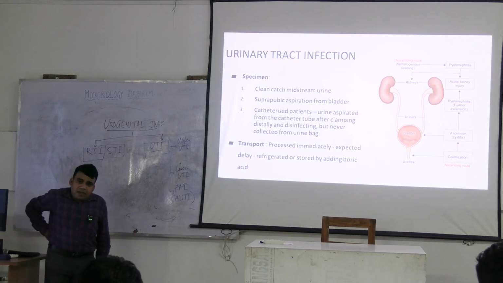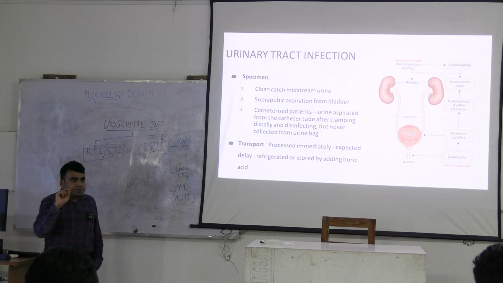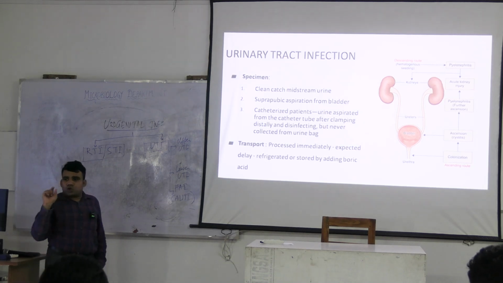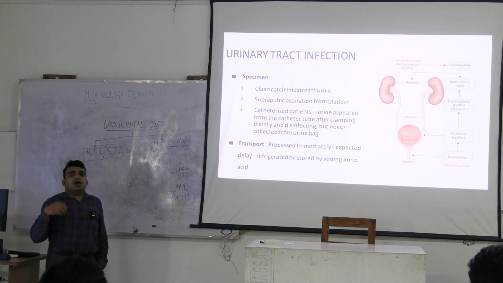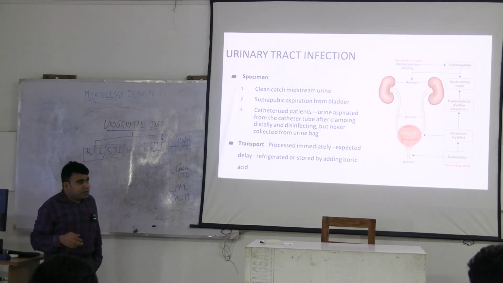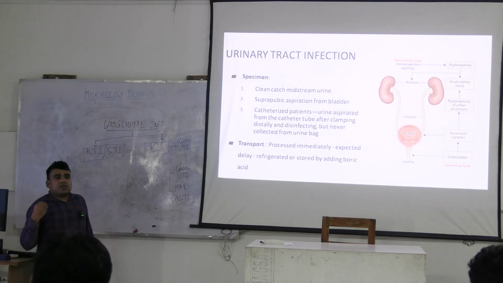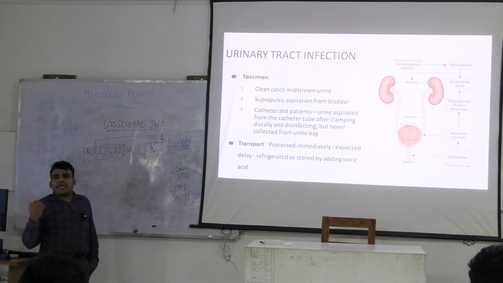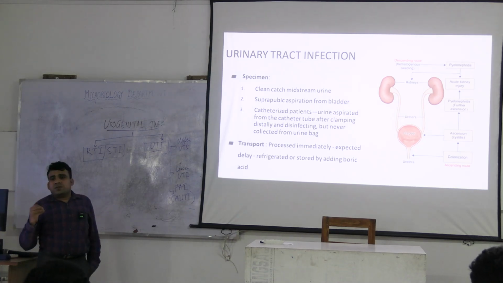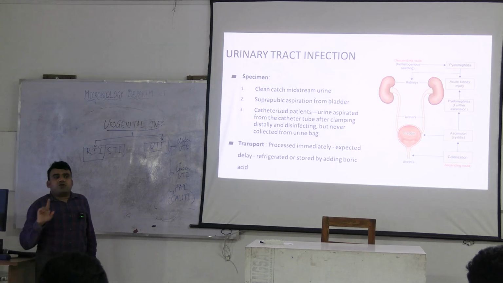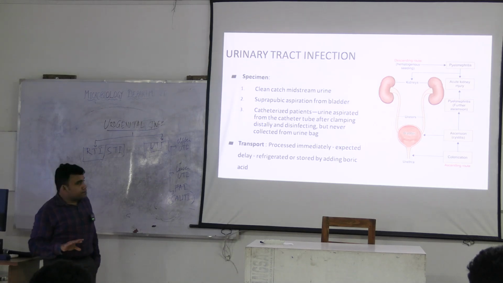So in the renal angle, we can put a syringe, or we can make a stoma. That means to make a hole to drain out the pus. Obviously, pus may or may not be there. Whatever collection is there, even urine or pus, we can take it out. Now in this scenario, we have to consider it like a pus sample. So any bacterial growth will be significant in a nephrostomy collected sample.